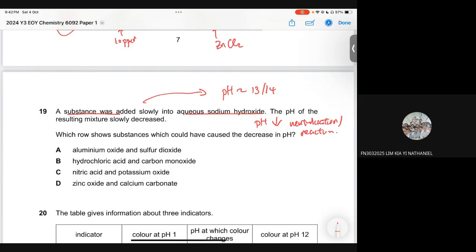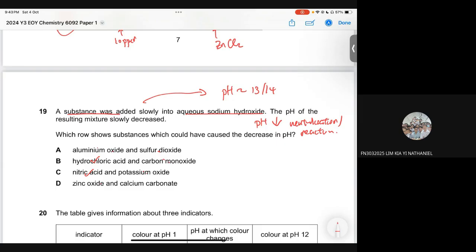I do know that if I add acid, the pH will drop. So I know these two look possible. Next thing I know is question 19 has aluminum oxide and sulfur dioxide. You realize almost all are left with oxides.